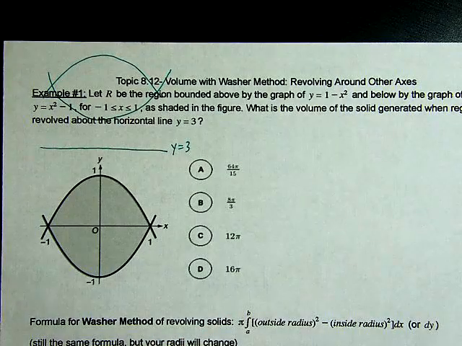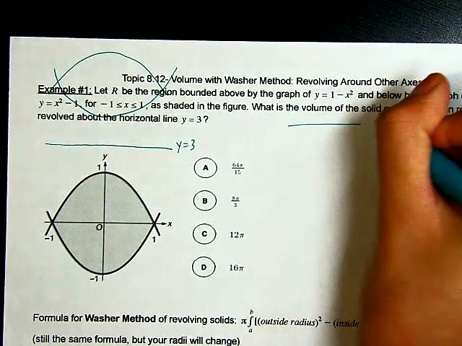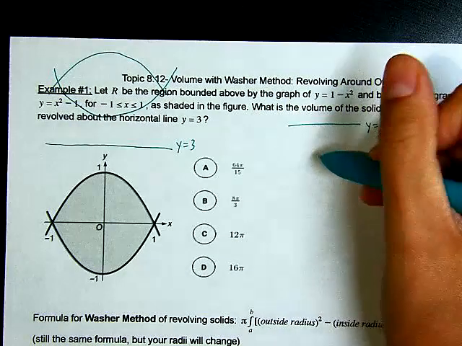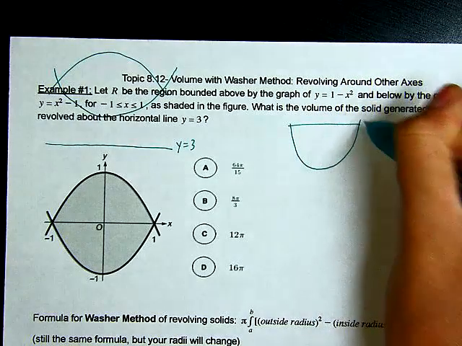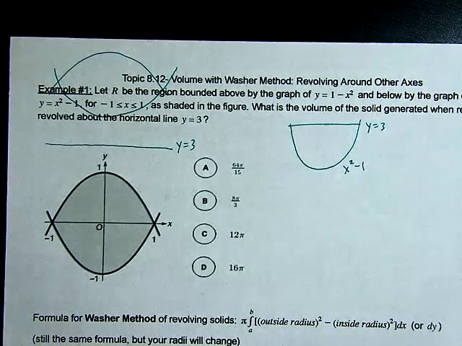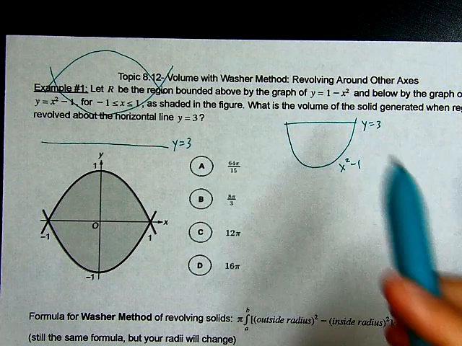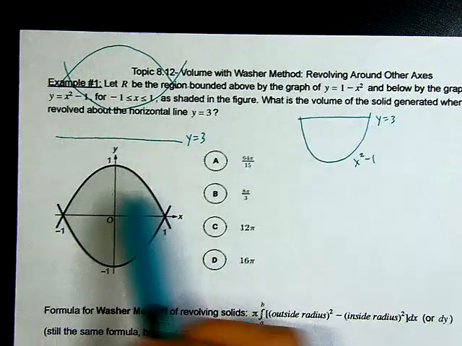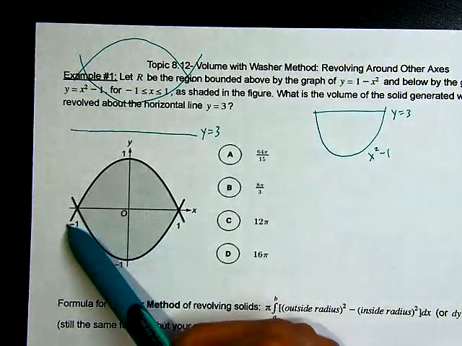So in order to figure out what our radius is here, let's just visualize the line y equals 3 and the bottom parabola x squared minus 1. If I just wanted to find the area of this, so in other words, what I would have here is I would extend this parabola here, and I'm ignoring this top parabola for now.